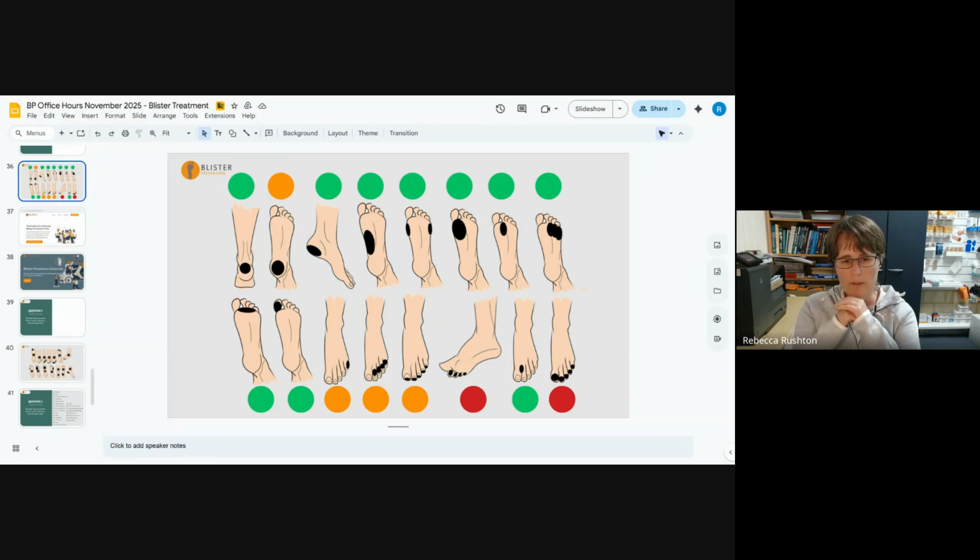I went through all of the blister sites where I think Engo is a fabulous choice. And you'll notice, although Engo blister patches are my absolute favourite blister prevention, they are not applicable to all blister locations. So if you'd like to get back to me with a specific blister site, I'll be more than happy to answer. But I just need more information.